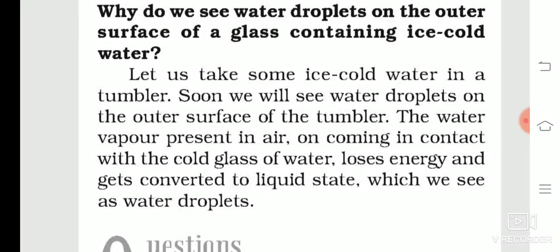The glass surface gets cooled, and the water vapor present in our surroundings, when it comes in contact with the cold surface, condenses. When the vapor condenses, it forms liquid droplets. That is why we can easily see the water droplets.